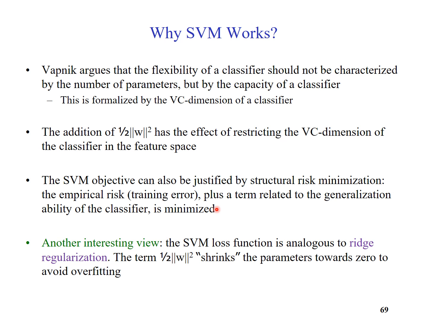The difference is that SVM looks for the best optimal line with maximum margin. Okay, it is guaranteed. On the other hand, the perceptron line is not guaranteed.